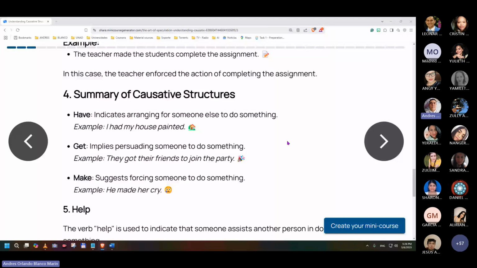Have is the most common. Have is common and formal, and get is informal. And you can have problems with make because you are forcing someone or compelling someone to action.